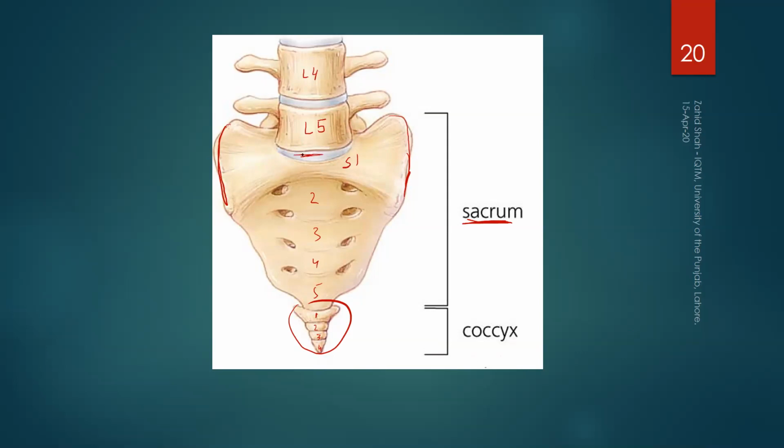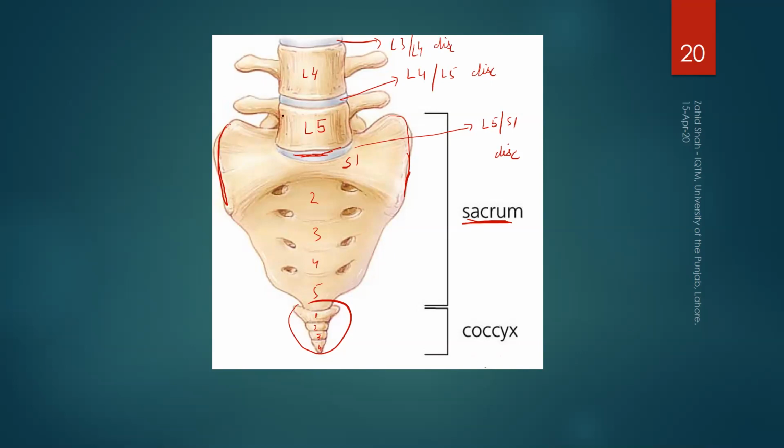So this disc between L5 and S1 is called L5S1 disc. Similarly, this disc between L4 and L5 is L4L5 disc, and of course this disc will be L3L4 disc, intervertebral disc.